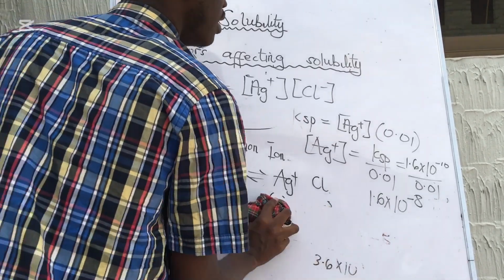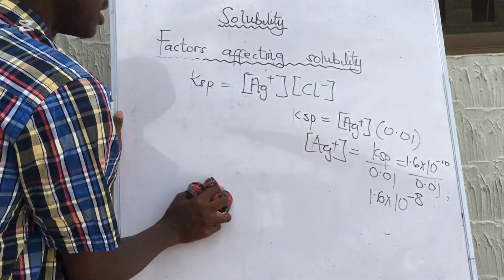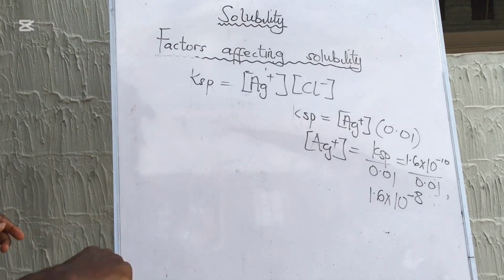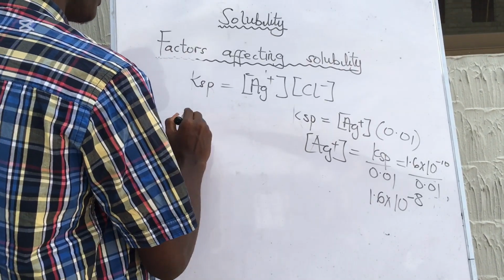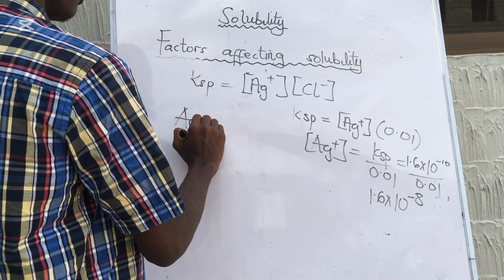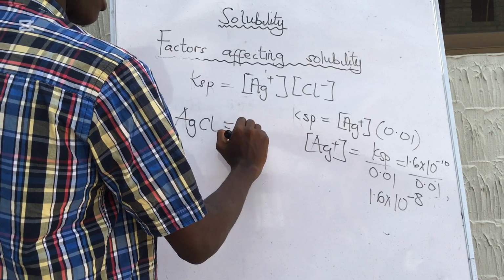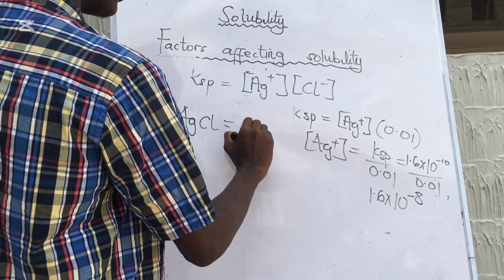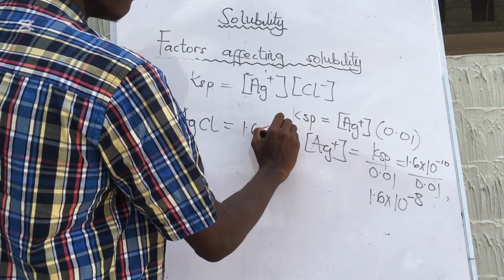And giving you 1.6 times 10 to the power negative 8, it means that the solubility of this AgCl is now 1.6 times 10 to the power negative 8.